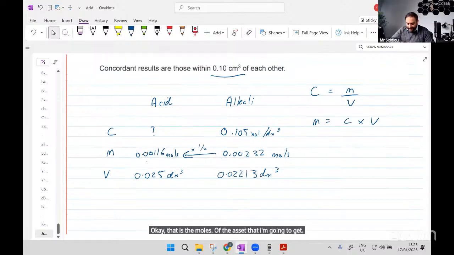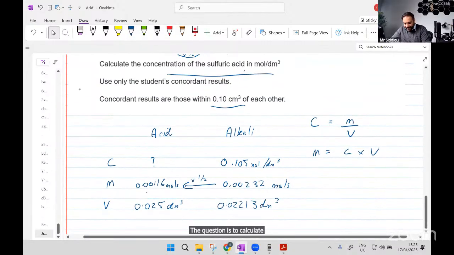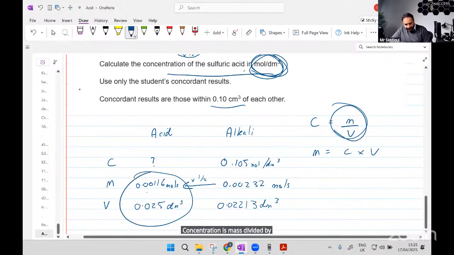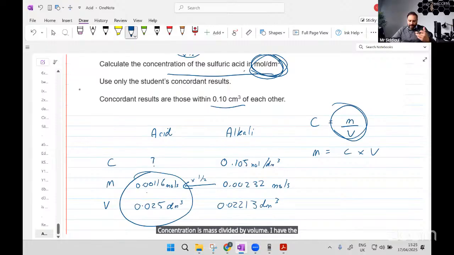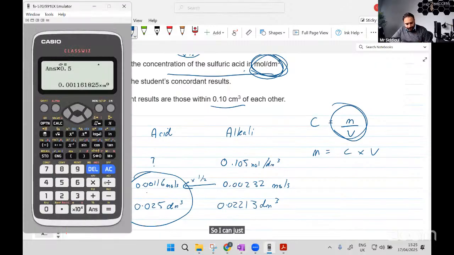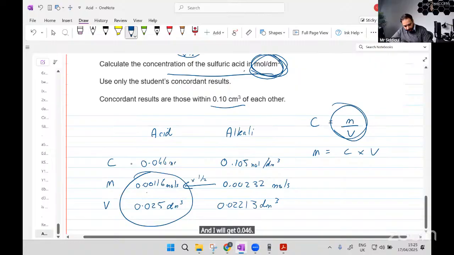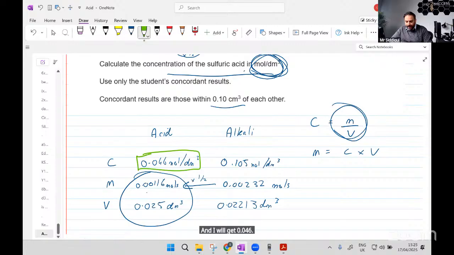The question is to calculate the concentration of the acid in moles per dm cubed. Concentration is mass divided by volume. I have the mass and I have the volume, so I can just divide one by the other. And I will get 0.046. And that is the answer to the question.